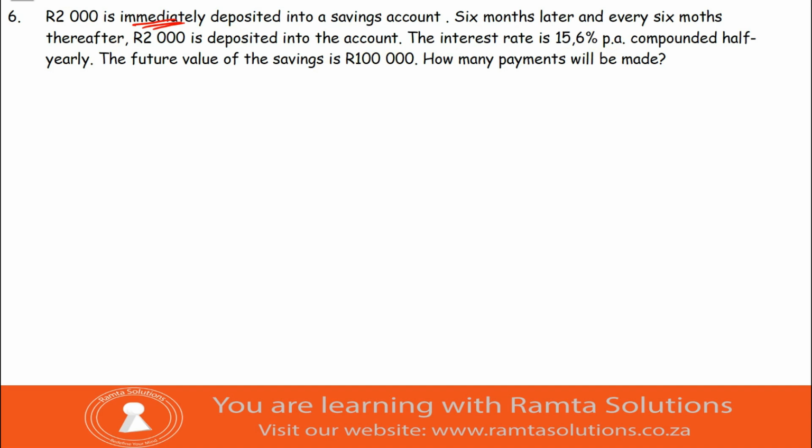Be careful, guys. I want you guys to understand this. We have a timeline: T0, T1, T2, T3, and so on, Tn minus 2, Tn minus 1, and finally Tn.